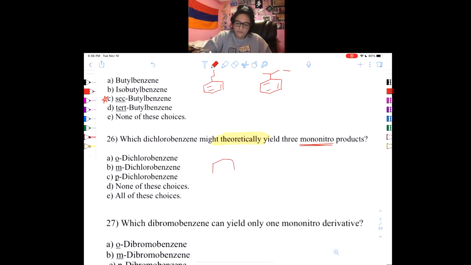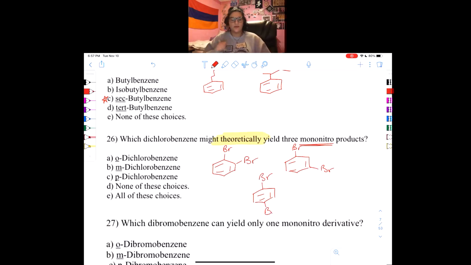So essentially what they're saying is draw out ortho, meta, and para dibromobenzenes. So we get these 3. This is ortho, this is meta, this is para.